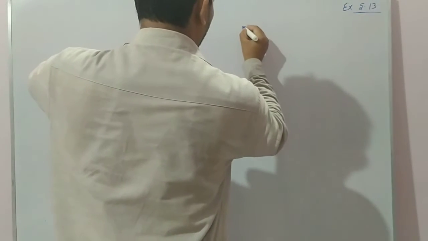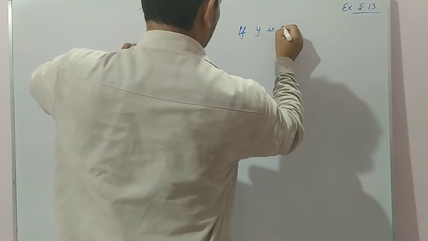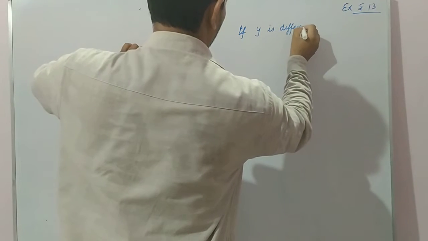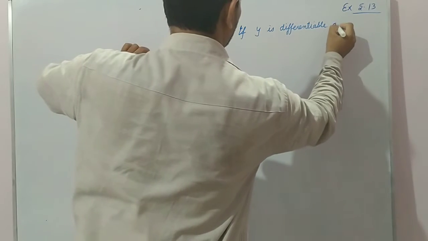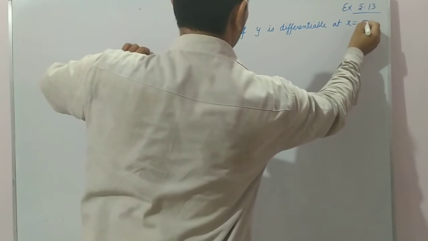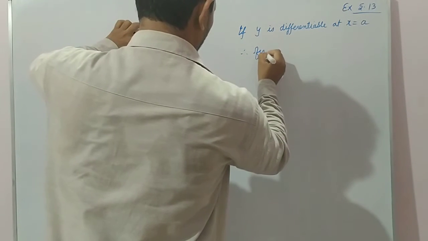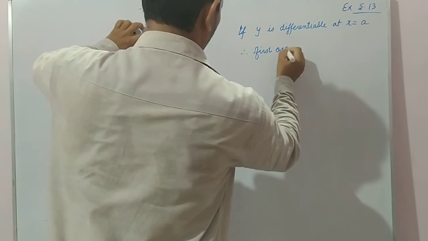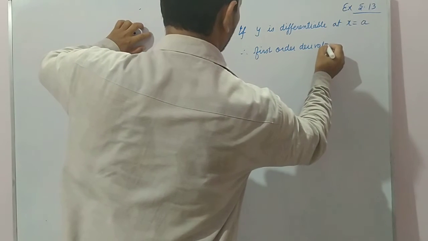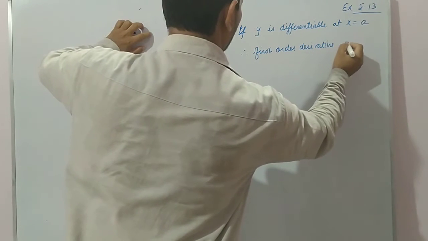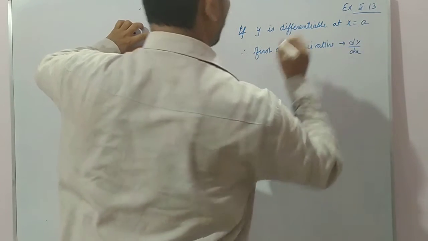Suppose y is differentiable at x equal to a, therefore the first order derivative, that is dy by dx.